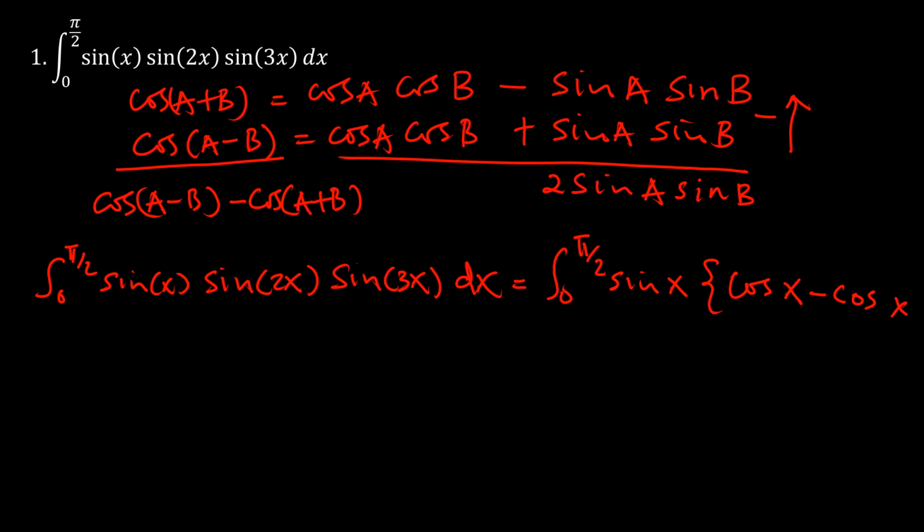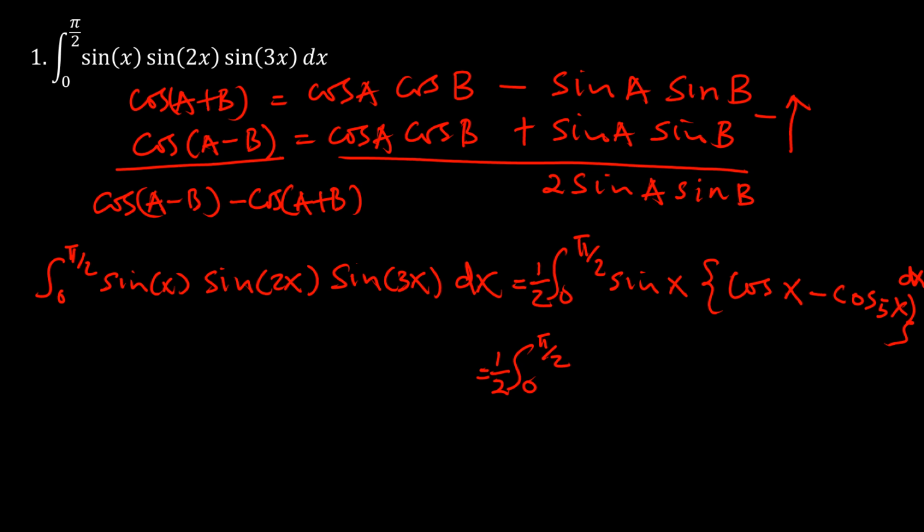Okay, this is coming dx. So this now becomes, since this is only 1, the 2 divided on both sides, so we have a half here and a half here.